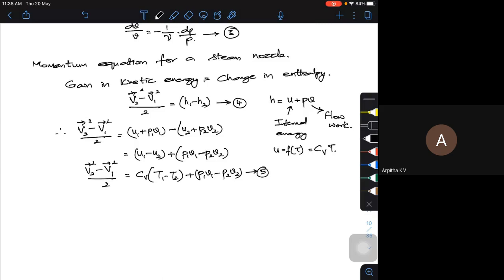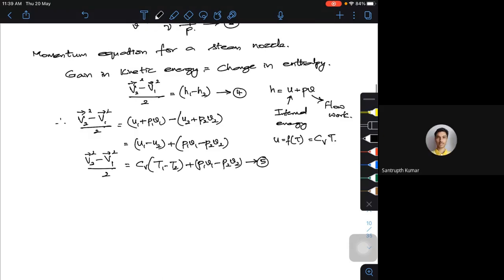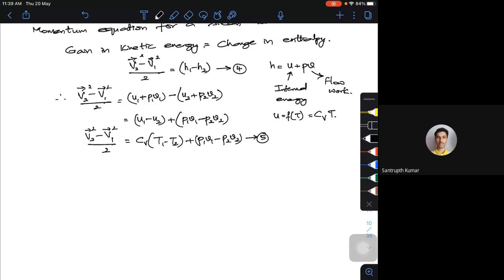Hope you remember, there are a couple of TDS equations. Can anyone tell me what the two TDS equations are? These are entropy relationships. One is in terms of internal energy, the other in terms of DH. TDS is equal to DU plus PDV, and we have one more, TDS is equal to DH minus VDP.